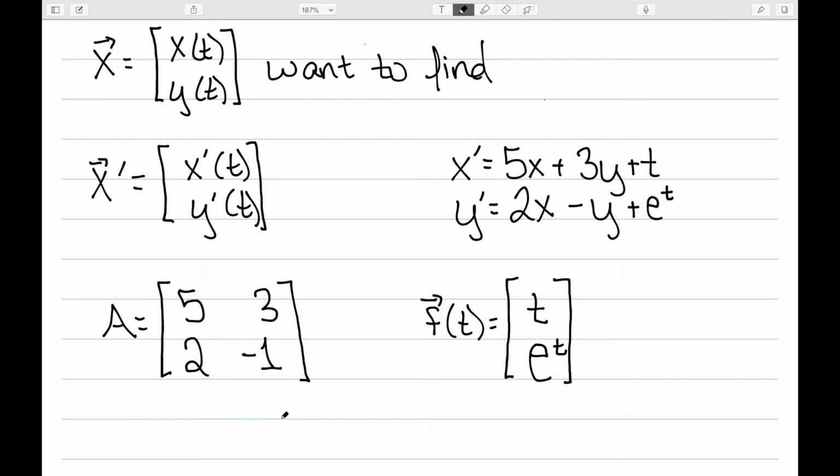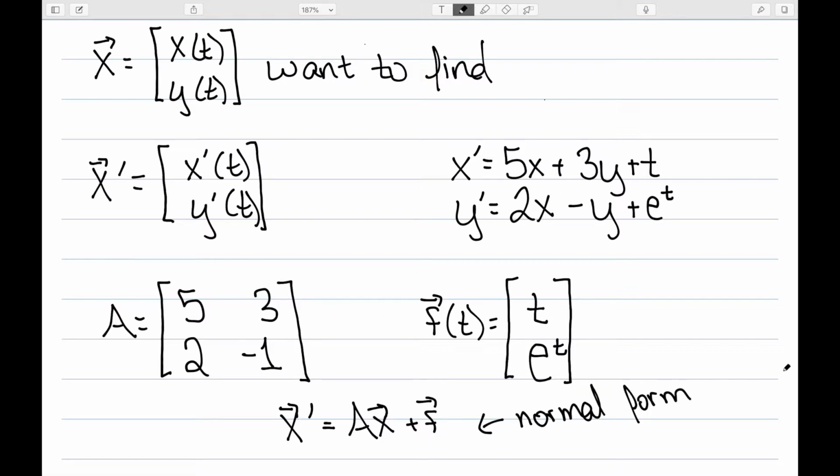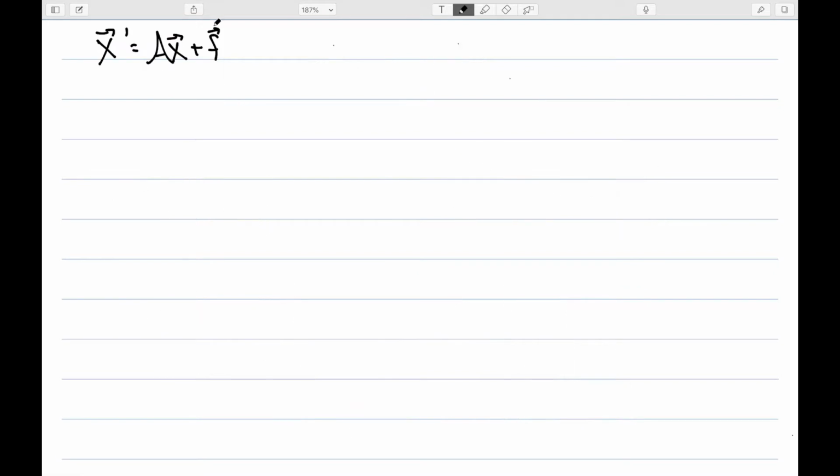And so we can actually rewrite this system as this vector x prime equal to A times the vector x plus f. And I'm actually going to prove that this is appropriate, that this is actually the same thing. And this is known as our normal form. So I want to show that this normal form is actually the same as the original set of differential equations.